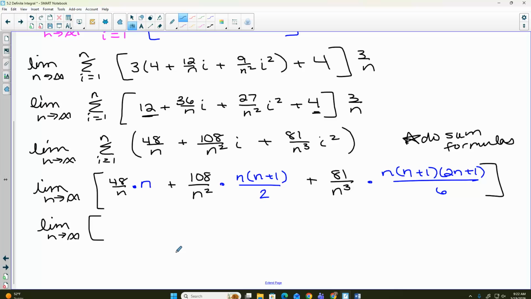So now we're back to simplifying all this mess. So 48 over n times n is 48. You can reduce some things if it helps you.